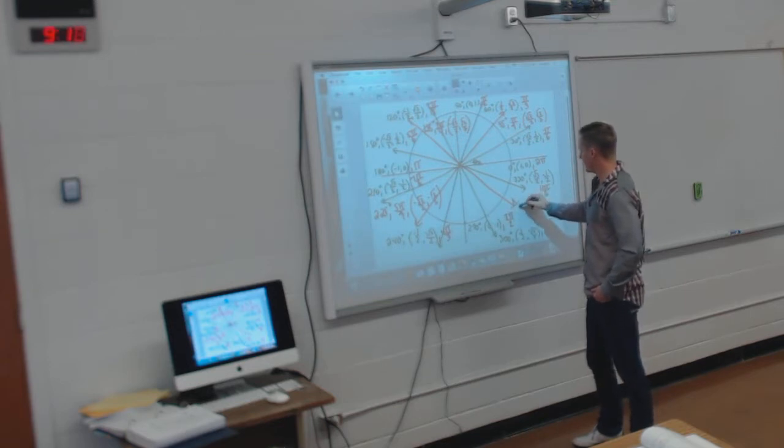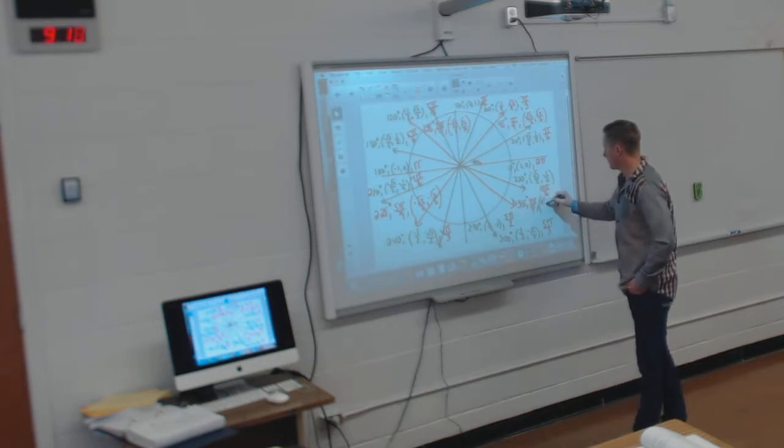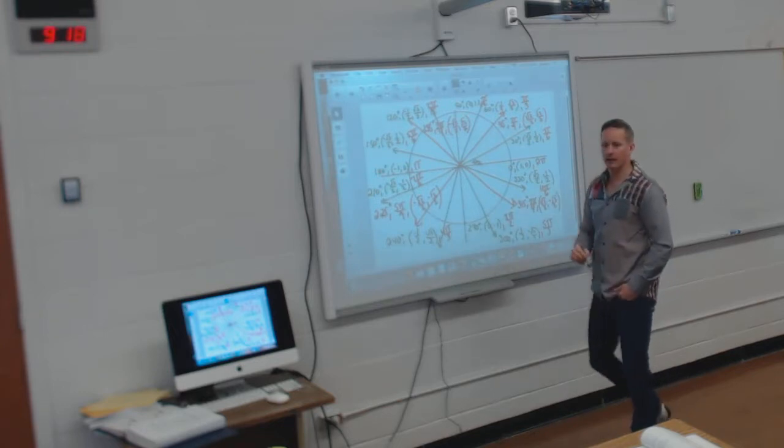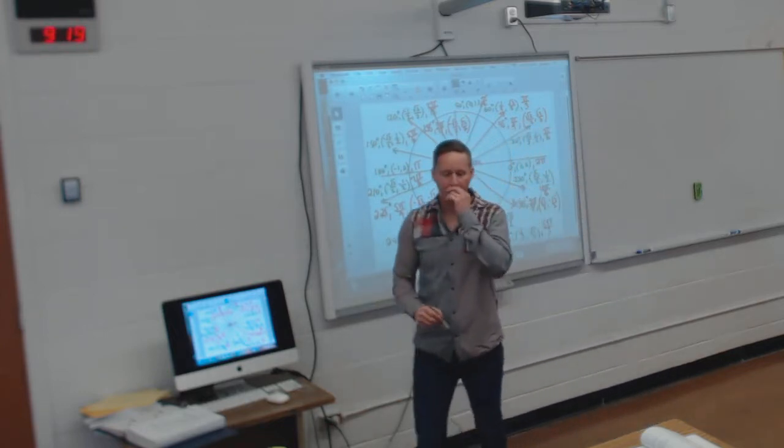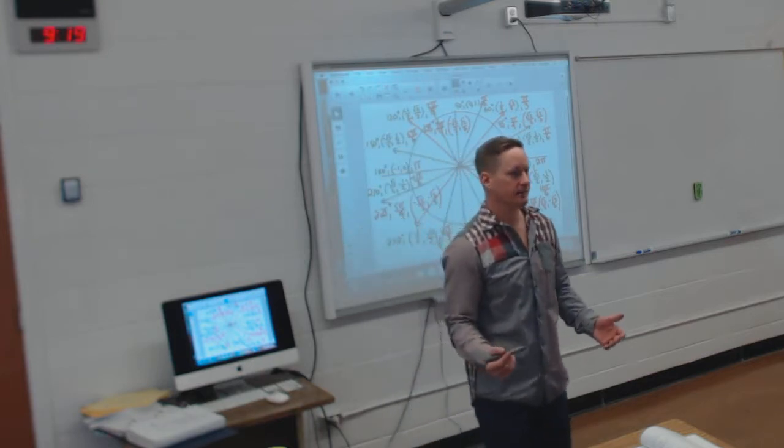And that's what, 315? 7 pi over 4. And exactly. Okay? It's basically a pattern. Is essentially what it is.